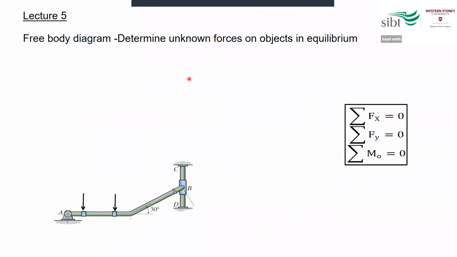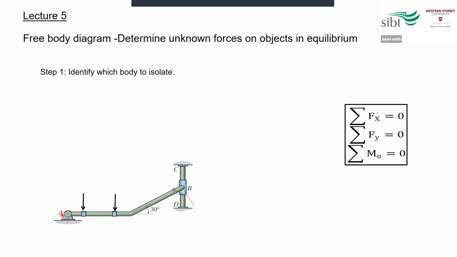In lecture 5, we learned how to plot or how to do the free body diagram. This is quite important in the coming topics, because the first thing you need to do when you solve any problem is draw the free body diagram. The first step is to identify which body you want to isolate.